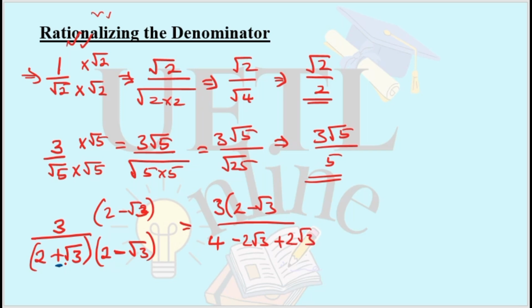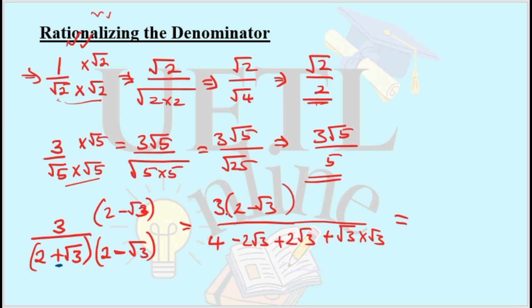Now you multiply this and this, it becomes root 3 times root 3. Now, the trick is when you see a root multiplying by itself, root 3 times root 3, the answer is just 3. You don't have to worry. Like here, in this case, root 2 times root 2, the answer becomes 2. Here, root 5 times root 5 became 5. So in this case, you just leave it as 3.